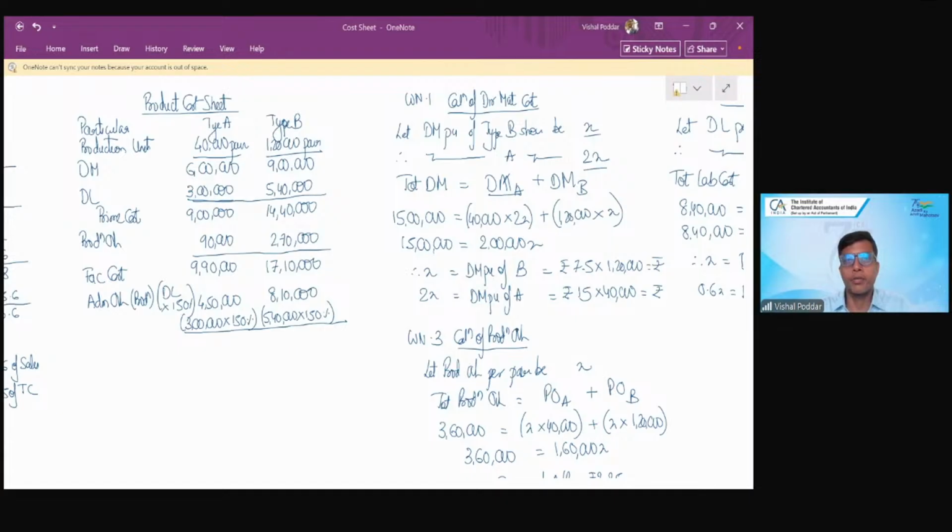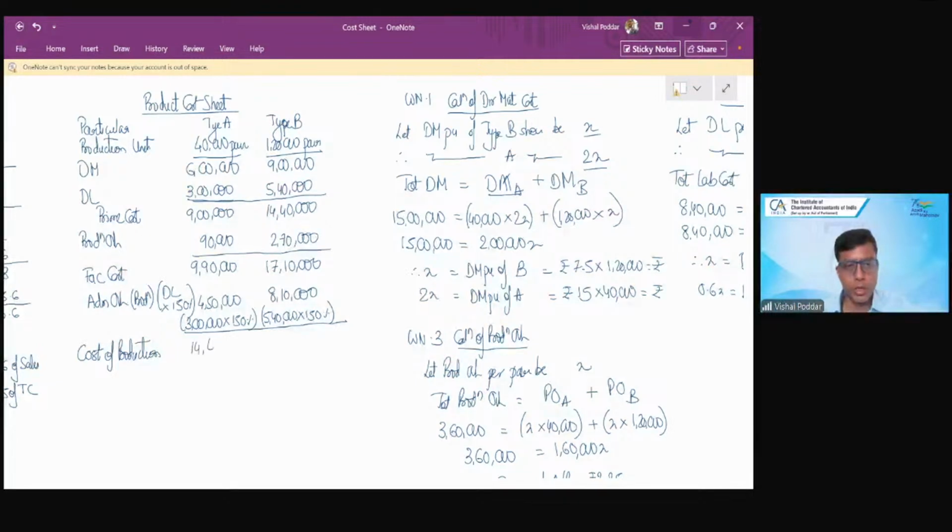Yes, Apurva has confirmed. Anurag confirms. Manivanan confirms. Okay, excellent. So this gives me my cost of production.